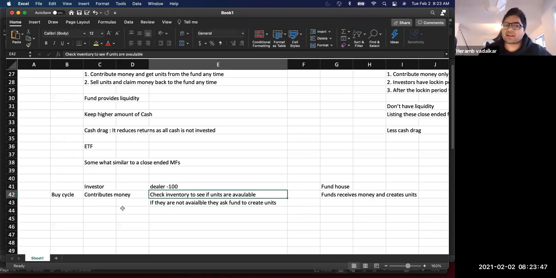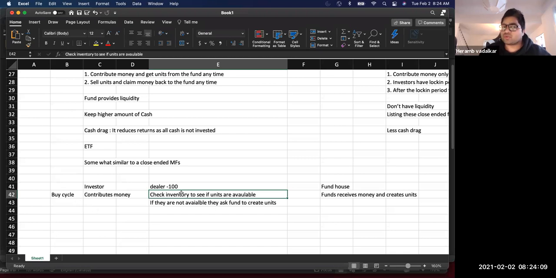Now investors are coming in, they're buying those 100 units, but because the fund manager is really popular, let's say Elon Musk starts a mutual fund, the fund is extremely popular, so investors are flocking in. The dealer runs out of units, whatever he or she has created in the beginning. Now what will the dealer do?